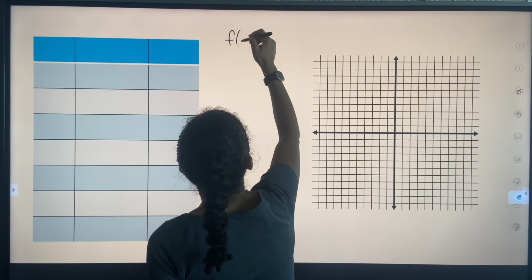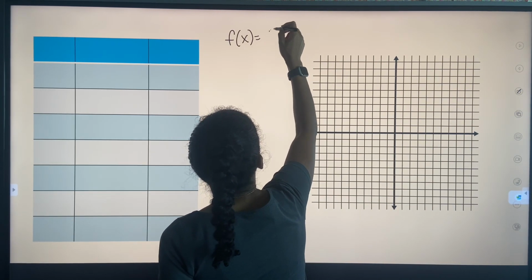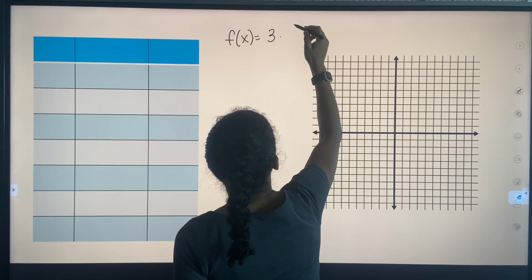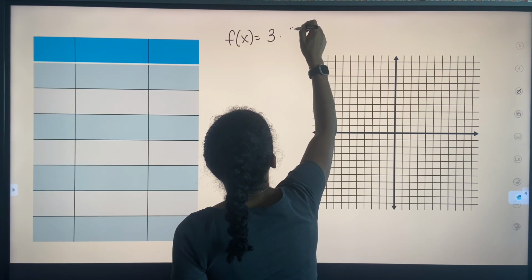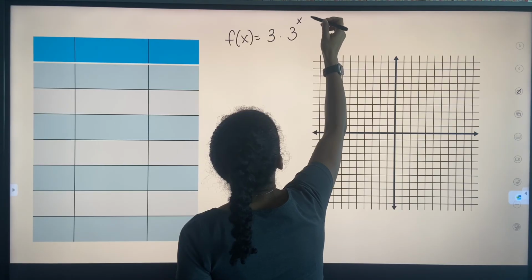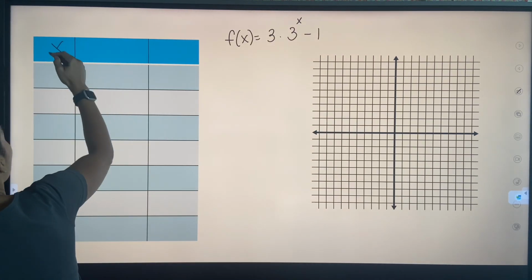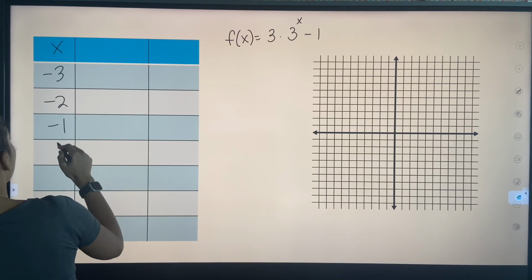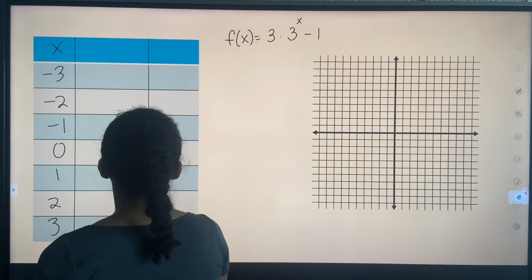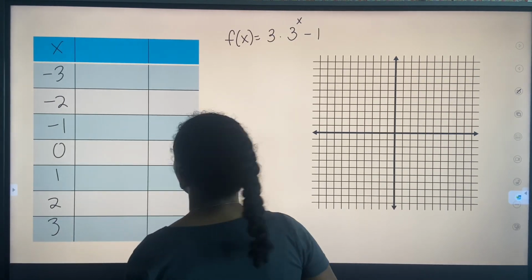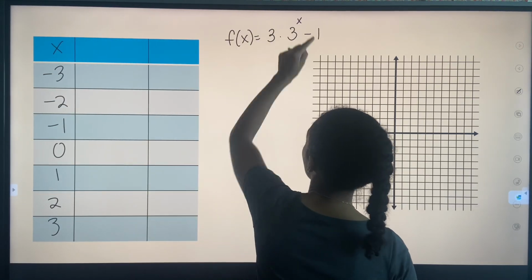Okay, let's do another one. Let's do f of x equals 3 times 3 to the power of x minus 1. Let's do that one. My x values, I'll just do the same thing. Okay, so let's just do a process. I'm just going to plug x straight into here.